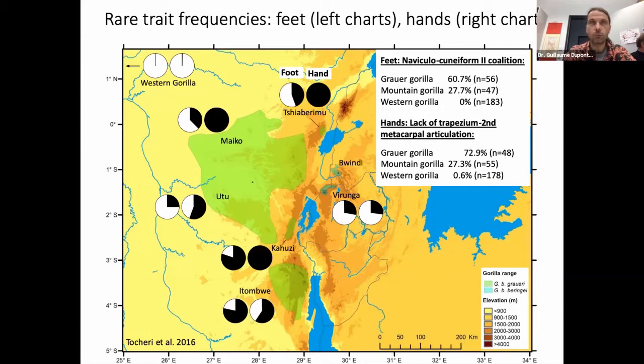We don't have data for Bwindi, but this suggests that the Bwindi population, or the mountain gorilla population, is less affected by this trait, and the Grauer gorilla, even though the population is much larger, still carries this trait to this day. I can also add to this that Western gorillas hardly have this trait. The same is true for humans.